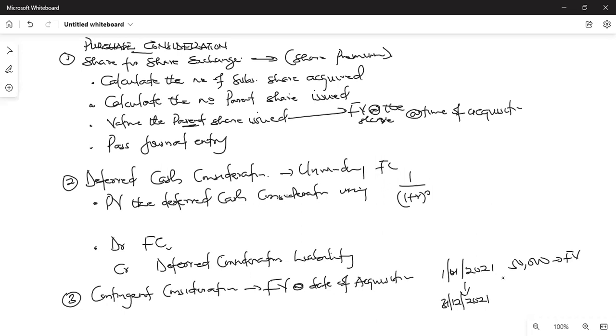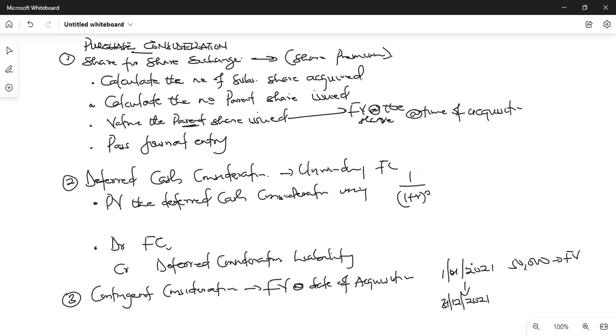Now, if new information comes to play and you see that they will not even be able to meet the conditions, don't forget, you have already used whatever contingent amount in your working straight, P&L, purchase consideration, goodwill. So if new information comes up, what is going to happen to the goodwill that you have done?